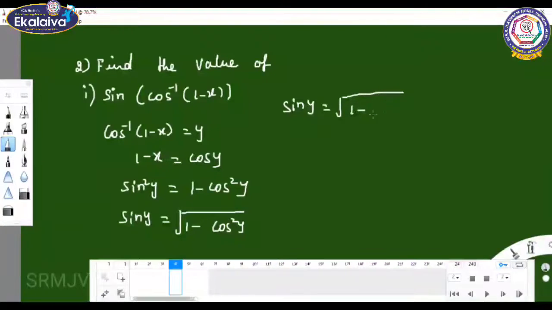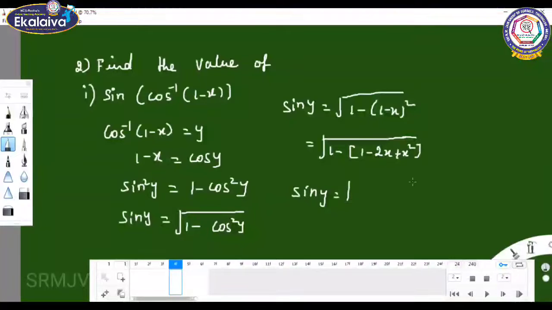Cos square y is nothing but what? 1 minus x the whole square. It gives root of 1 minus 2x plus x square. So sine y equal to root of 1 minus 1 plus 2x minus x square.